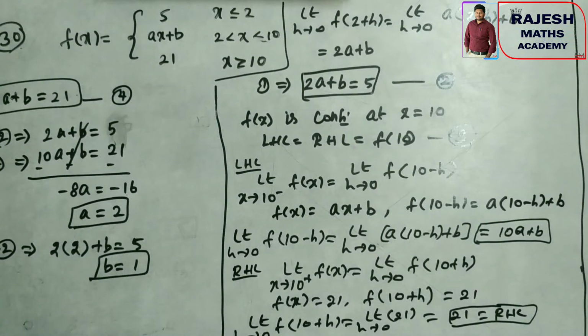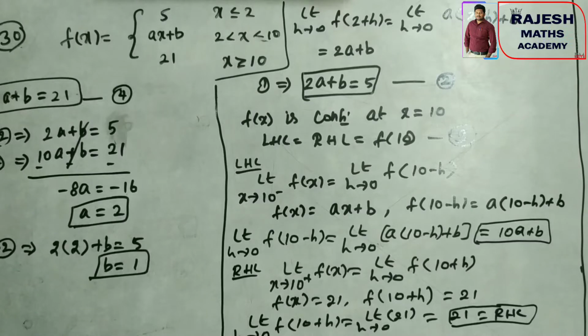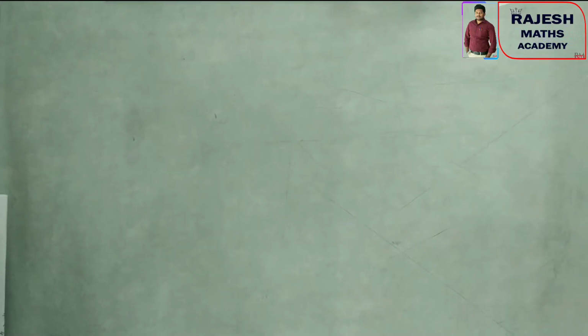So before entering question number 31, we have to see one definition, that is related portion of 12th standard, composition of functions. After seeing the definition of composition of two functions, we will come to question 31 to 34.